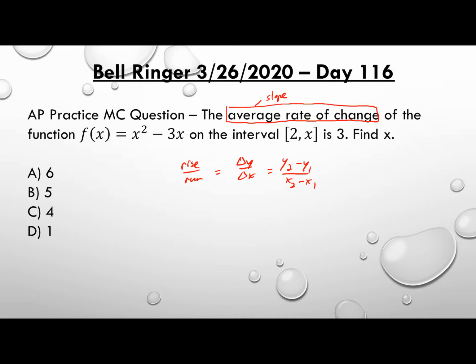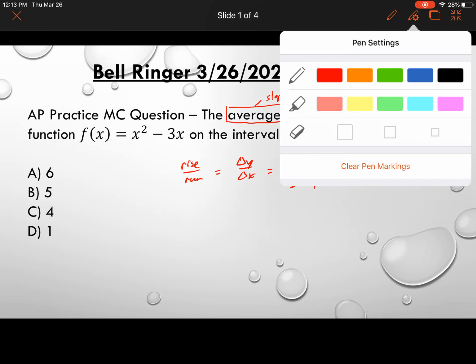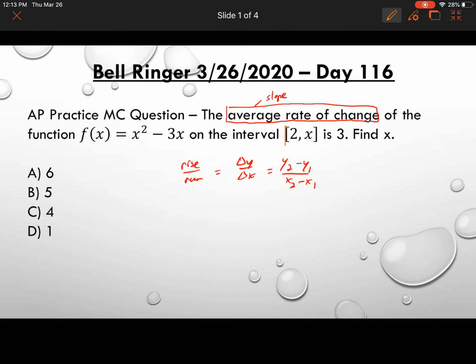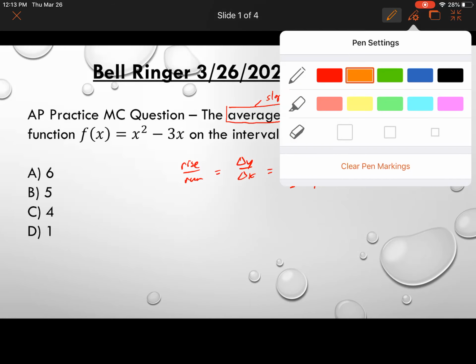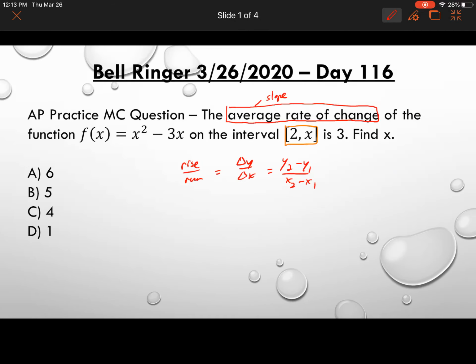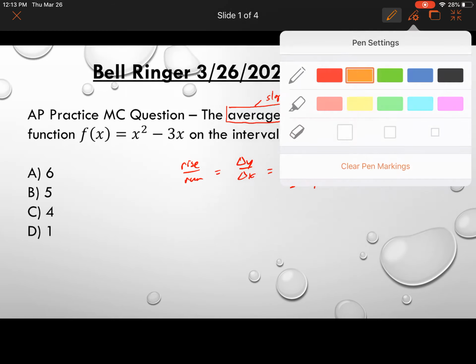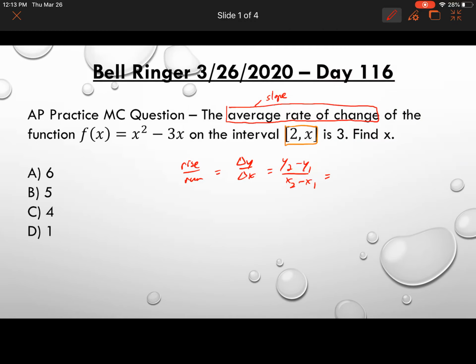What are our two y values for this problem? Well, actually, what are our two x values? Our two x values are right here, 2 and x. We don't know what x is, but we know it's some kind of x value. We're going to set this up as x minus 2. x2 is going to be x, x1 is going to be 2.